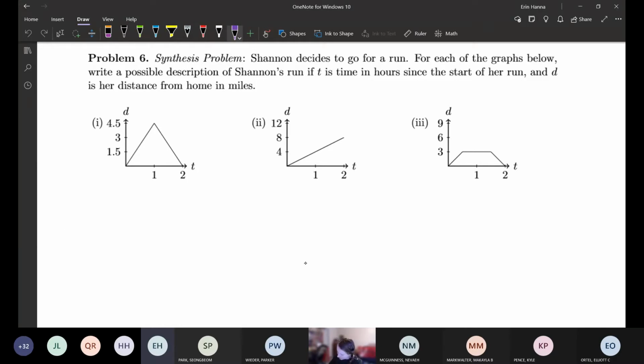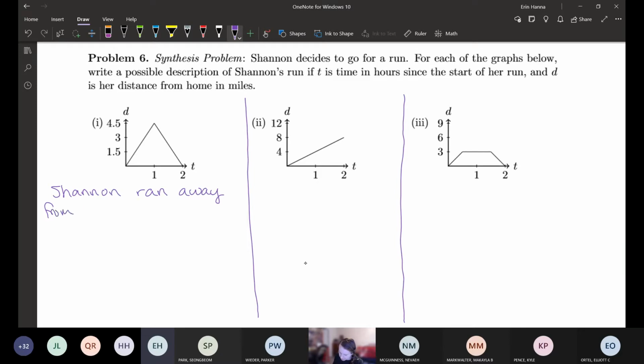Yep. So essentially in this first one, she is running away from home in this first section and then turning around and going right back. So I might say something like, Shannon ran away from home for an hour before turning around and coming back home.